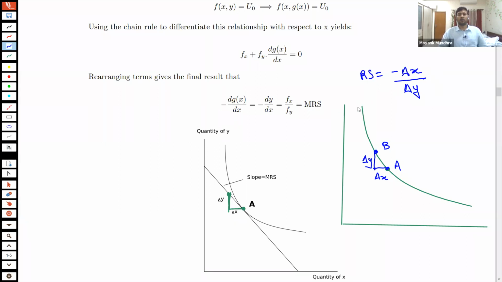Now, the word marginal in general means for very small quantities, at the margin.